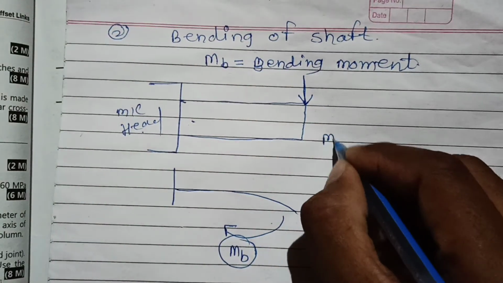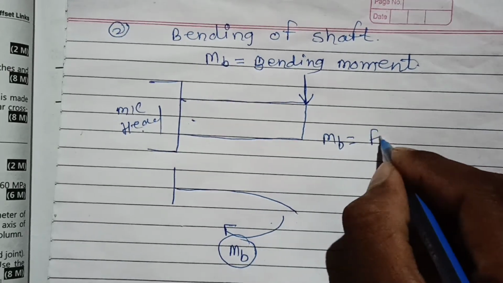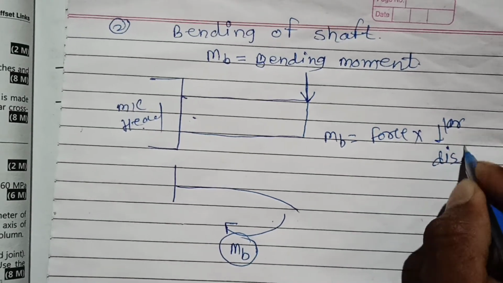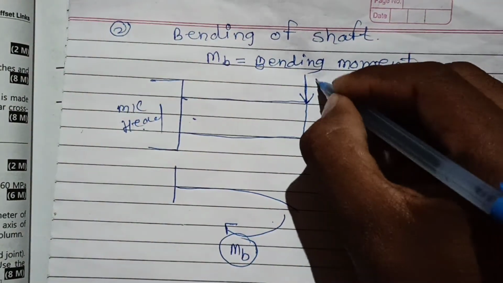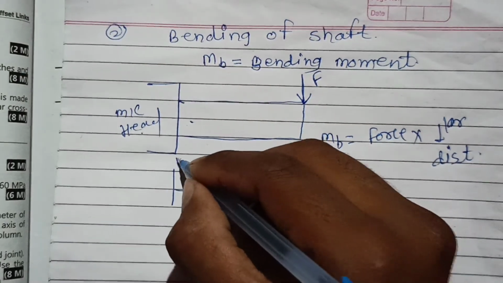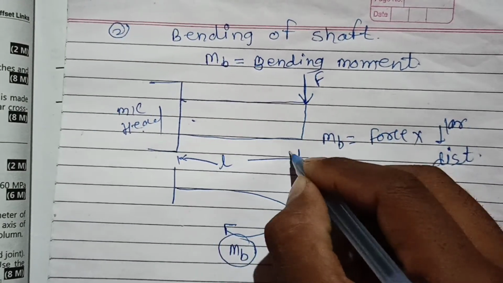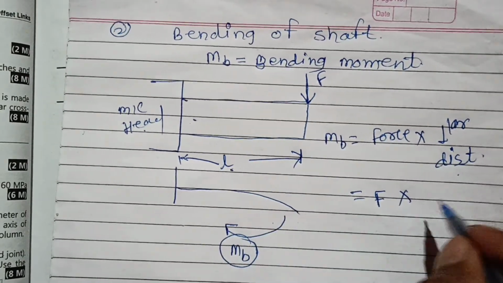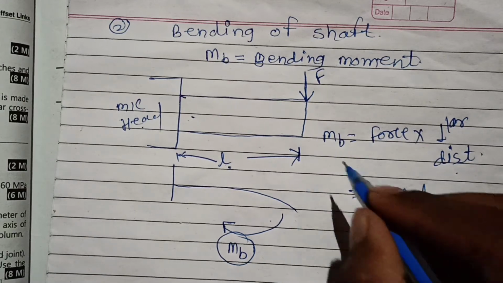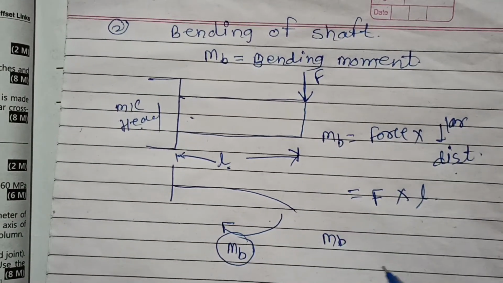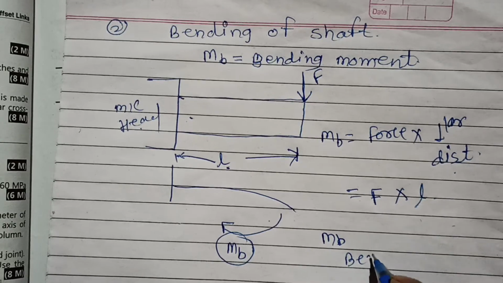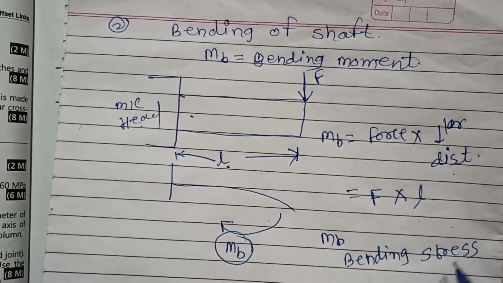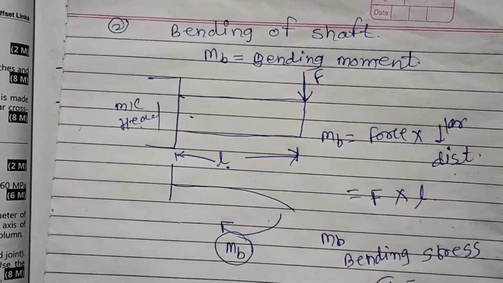MB is calculated as applied force into perpendicular distance. The force is F and the perpendicular distance is L, and due to this bending moment MB, bending stress is created in the shaft.